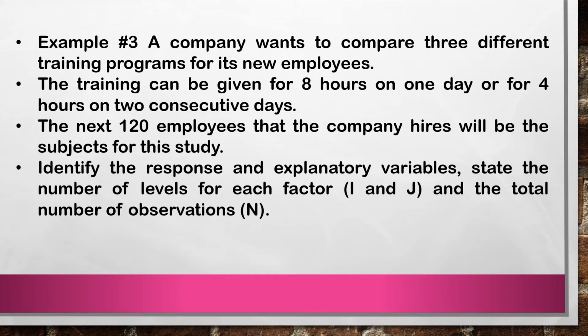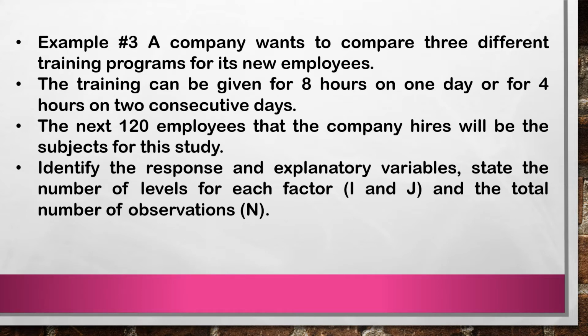Example number 3. A company wants to compare 3 different training programs for its new employees. The training can be given for 8 hours on one day or 4 hours on 2 consecutive days. So each of these programs takes 8 hours to complete. The next 120 employees that the company hires will be the subjects for this study.